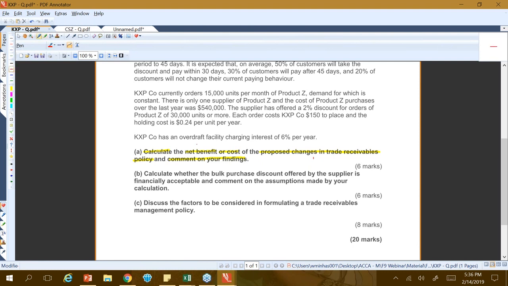We have to find the net benefit or cost of the proposed changes in trade receivables policy, and then we have to comment on our findings for 6 marks. And again, we'll need to know what the proposed changes are.